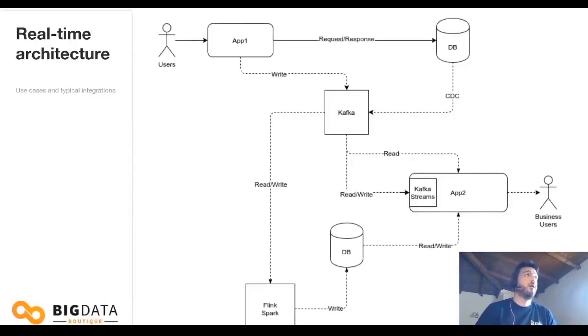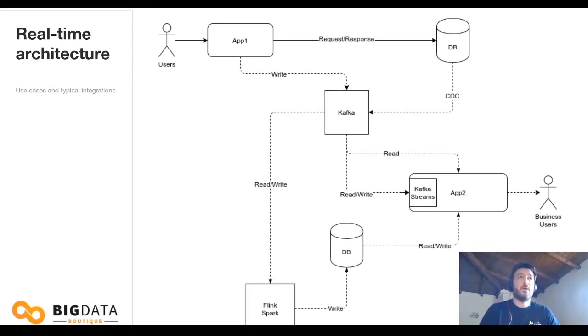So let's start with the typical architecture we can find in any real-time service. Basically we have users using an application, and that application is storing or reading information from a database.